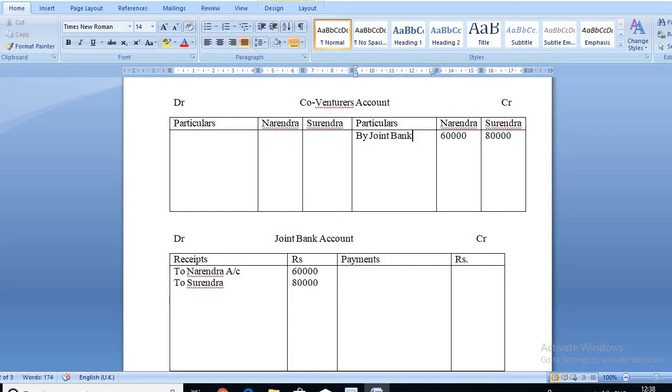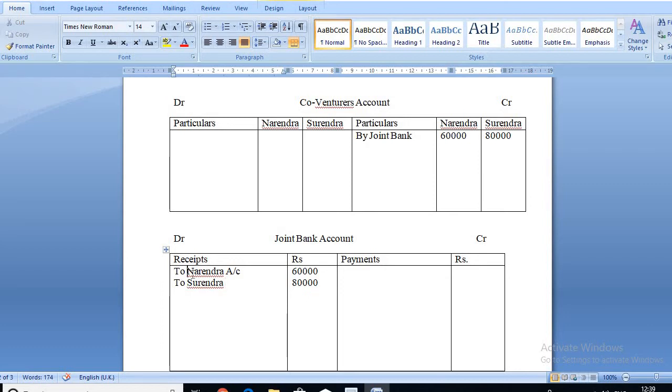So I'm repeating once again. The first transaction is Narendra and Surendra contributed 60,000 and 80,000, which is deposited into joint bank. For joint bank it is a receipt, so receipt side enter to Narendra and to Surendra. One debit aspect is over. Now what is the other aspect? Credit aspect.